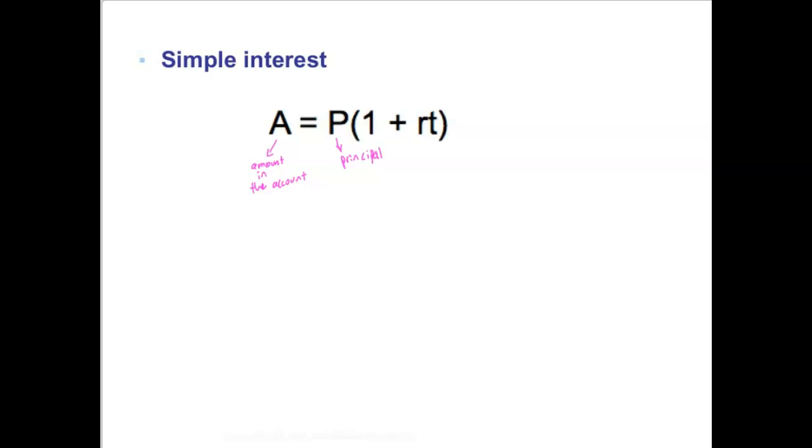Then you're just going to multiply that by 1 plus RT. R is your rate as a decimal. And T is going to be time, in years.